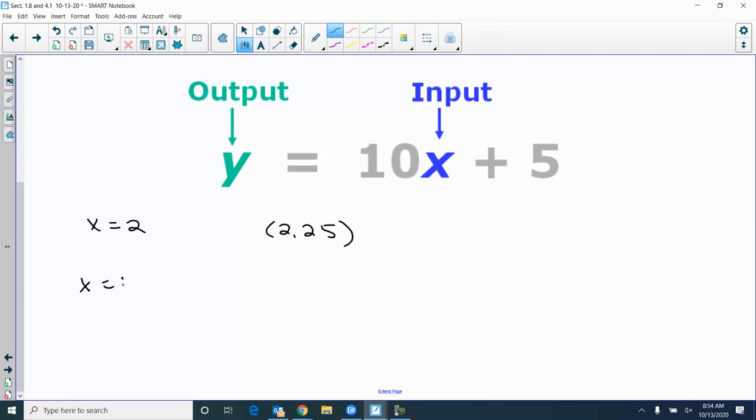What about x equals 5? What's that going to give me? 55. 10 times 5 is 50, plus 5 is 55. So it gives me the ordered pair 5, 55. So when x changes, what happens to y? It also changes. Make sure we know that.